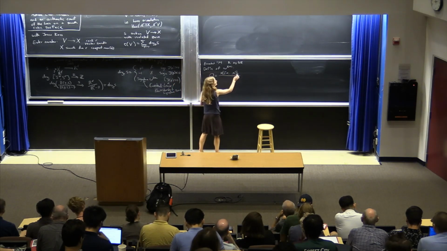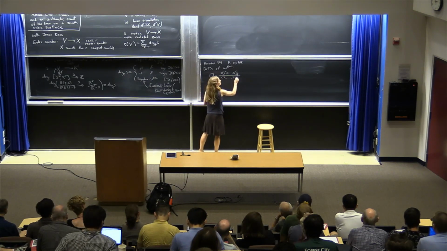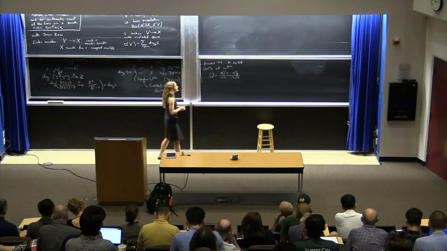And then we're looking at this isolated zero, so we're going to divide by the coordinate functions of our section.